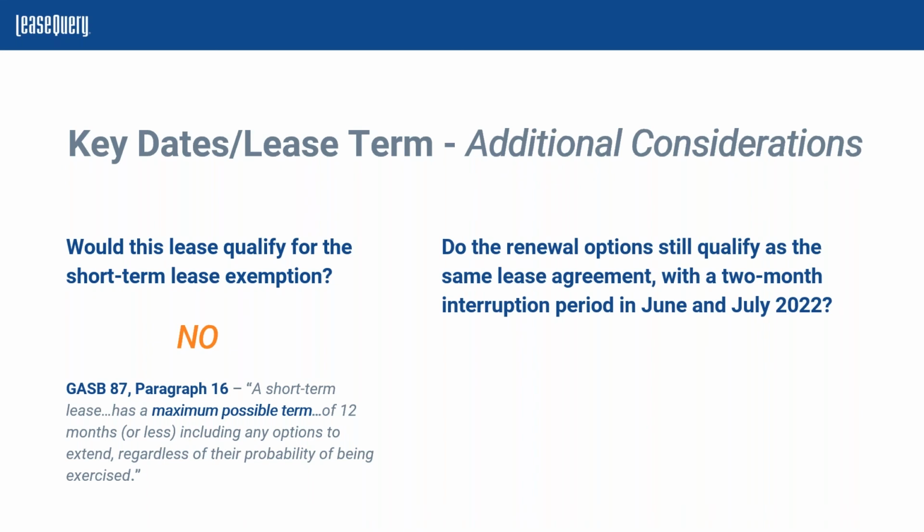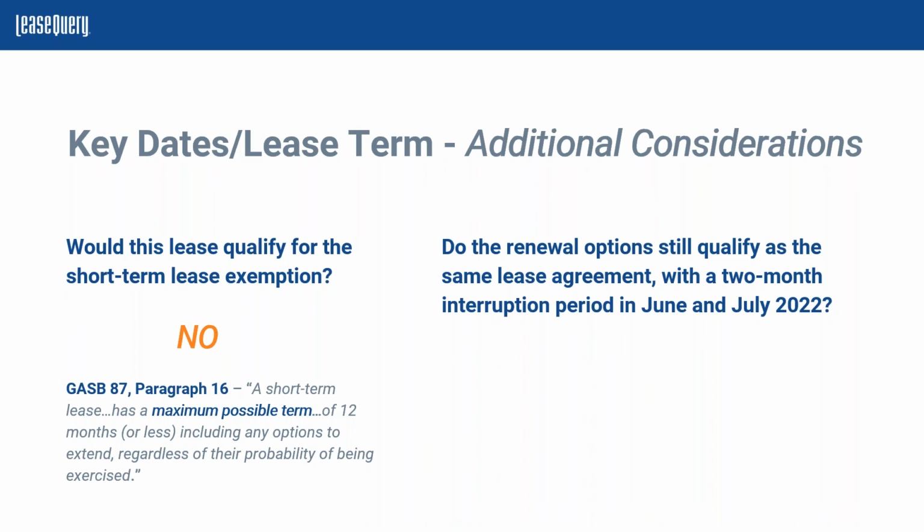Another consideration here is understanding whether the renewal options still qualify as the same lease agreement, even though it has the 2 months of the interruption period, the months of June and July, where the AAU basketball team will be utilizing the gymnasium.